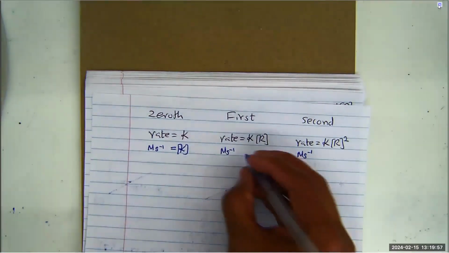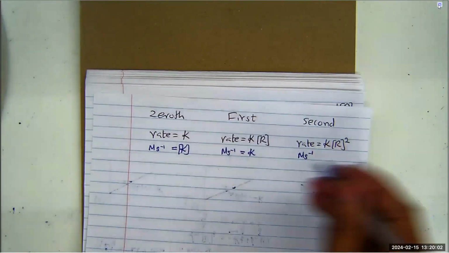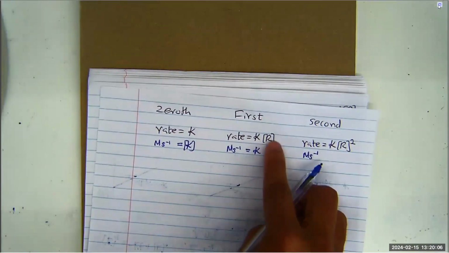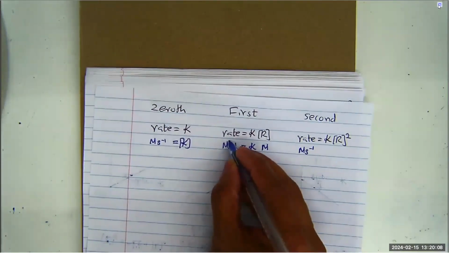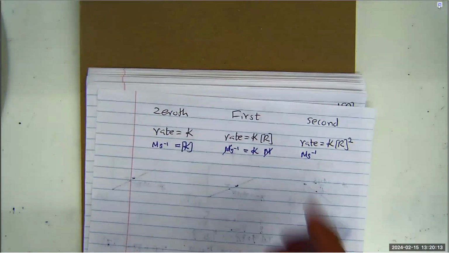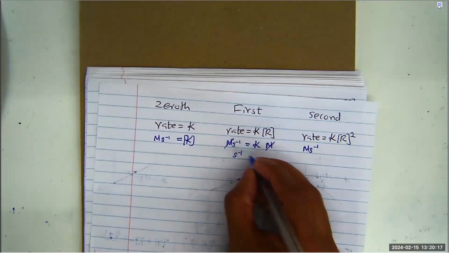But for the rate constant for the first order, we have molar for the reactant concentration. This molar cancels out with the molar in the rate. As a result, the rate constant is going to have units of per second.